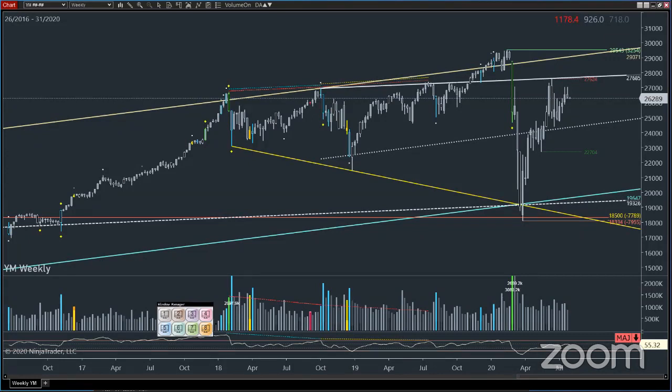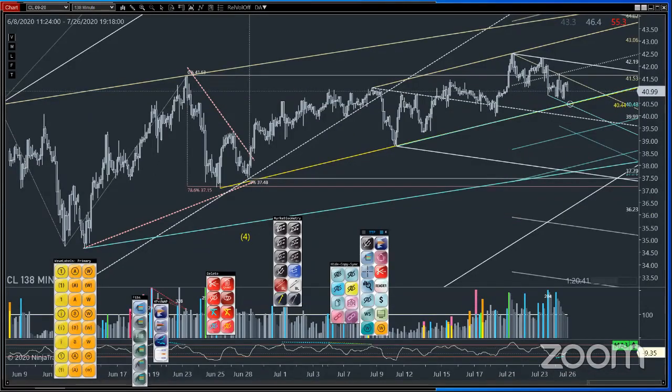Okay, crude is actually coming down now. We might see this set up in the next 2 hours. Yeah, looks like it. It actually might. So that's pretty clear. ABC down, ABC back up.